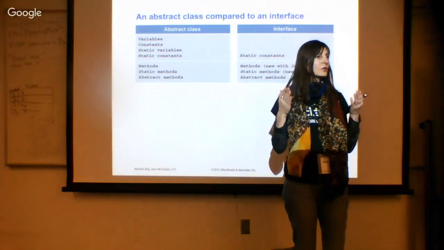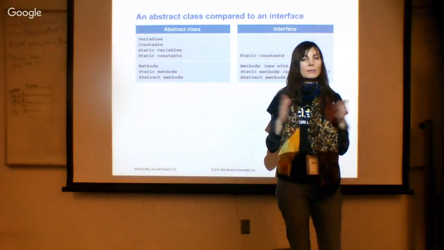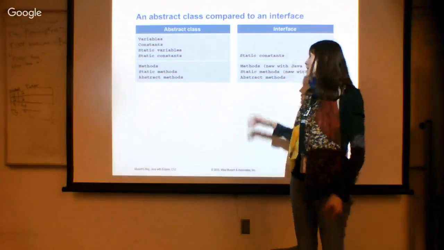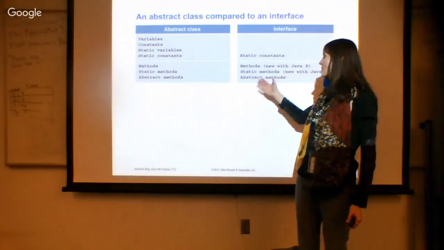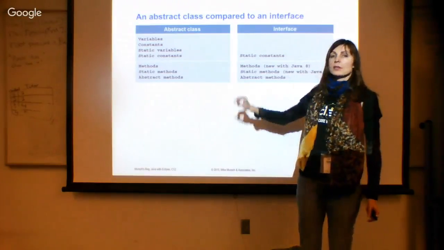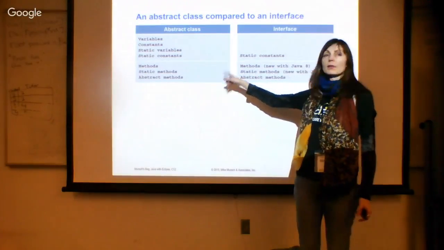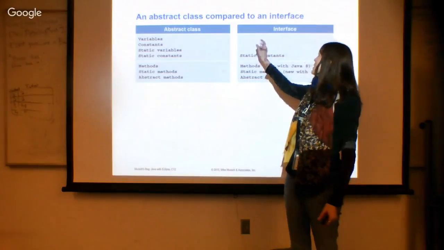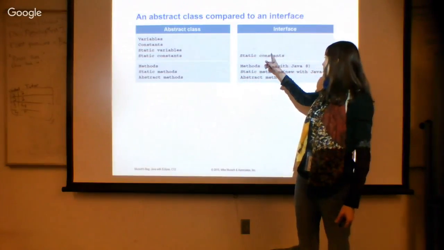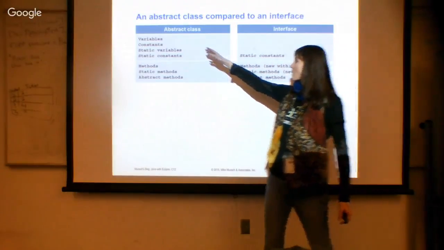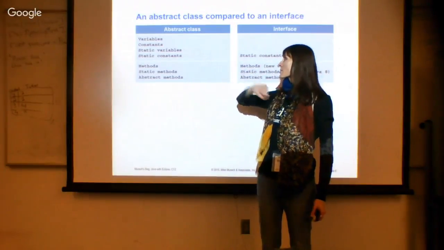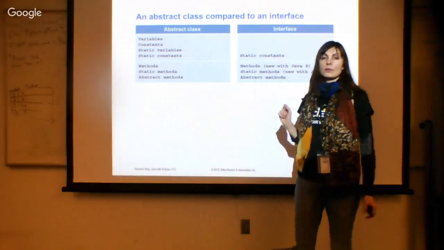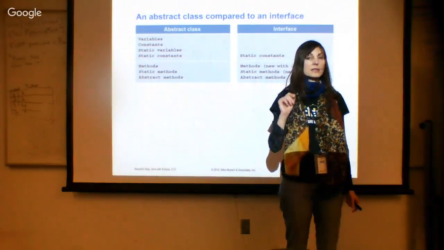So it can have not only abstract, but also regular methods. They call them default methods. It can have static methods, also new with Java 8, and it does have abstract methods. So that's on par with abstract class. An interface can have static constants. An abstract class can have variables, static variables. So only static constants belong to the interface.